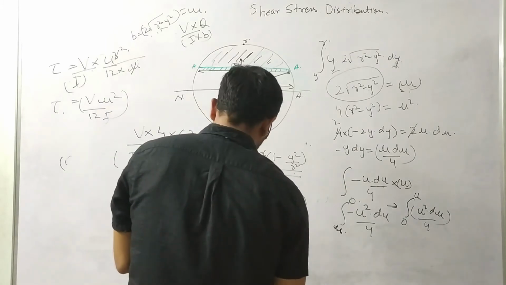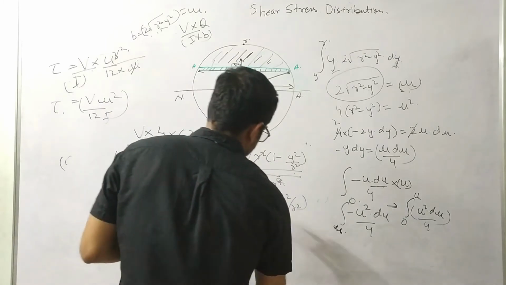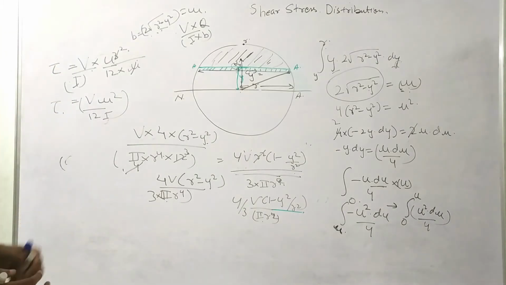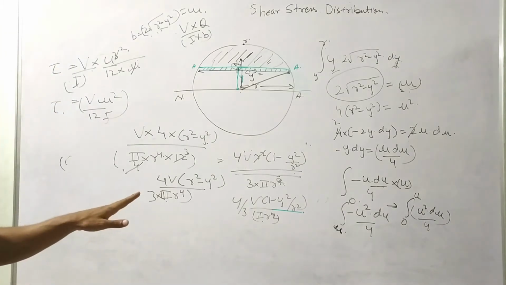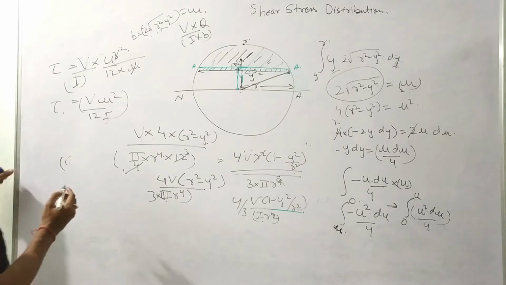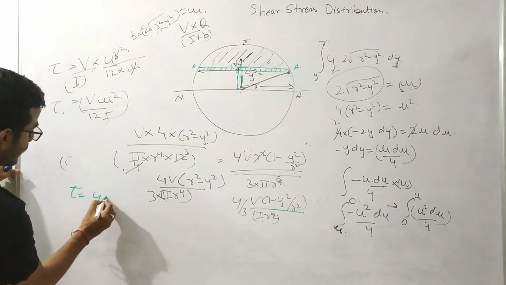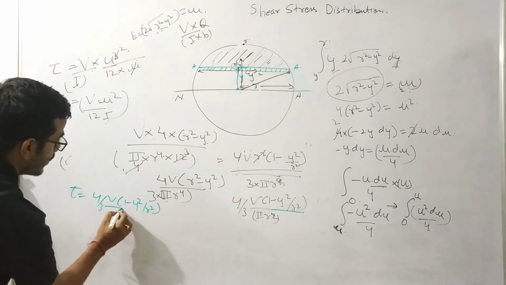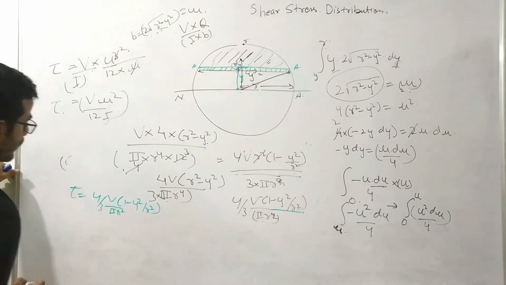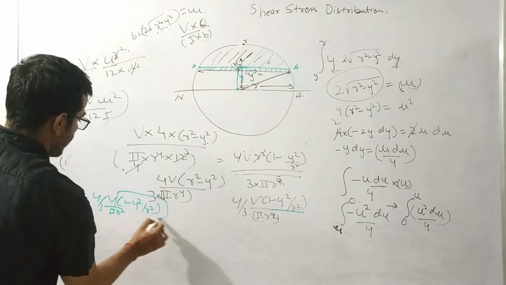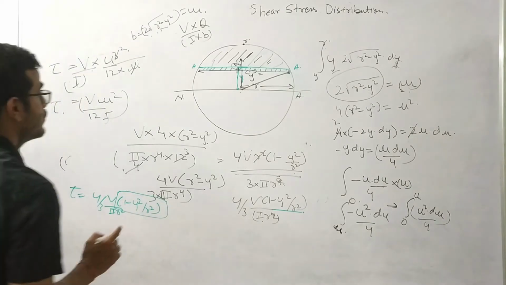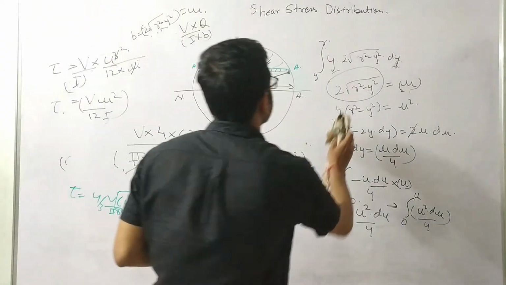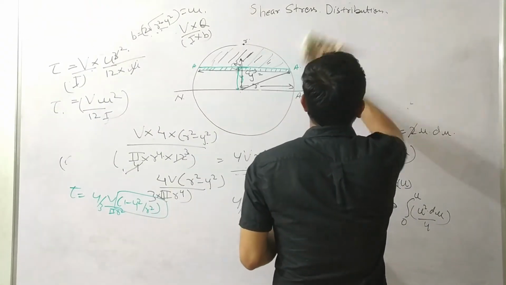Now you can see that this is similar to our rectangular section. So tau is nothing but 4 by 3 V (1 minus y square over r square) over pi r square. So our variable is this term only, 1 minus y square upon r square. So tau max, where will the shear stress be maximum?